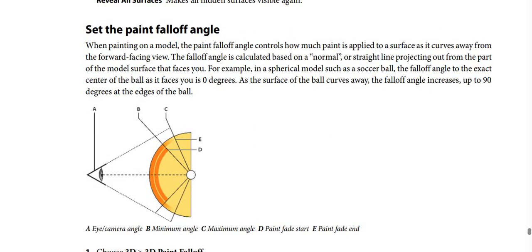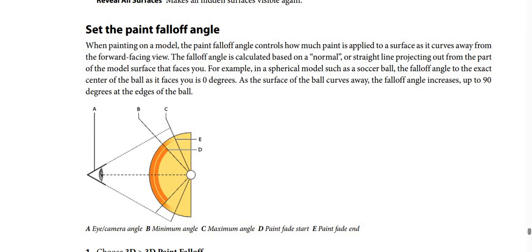So what about set the paint fall off angle? What's the meaning of set the paint fall off angle? When painting on a model, the paint fall off angle controls how much paint is applied to a surface as it curves away from the forward facing view, and the fall off angle is calculated based on a normal or straight line projecting out from the part of the model surface that faces you.